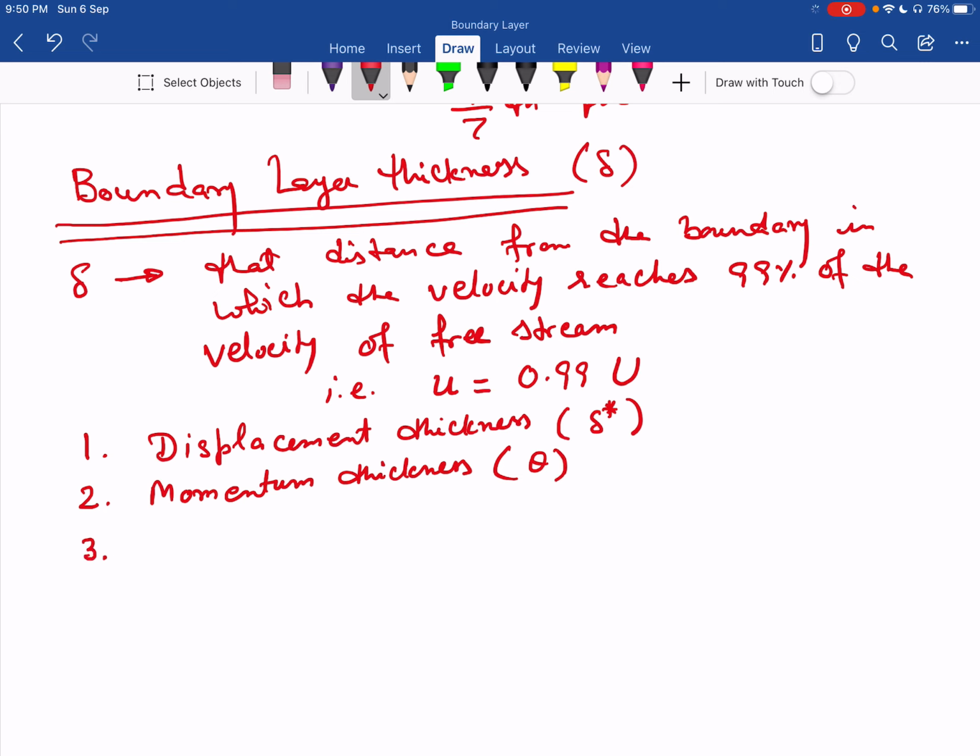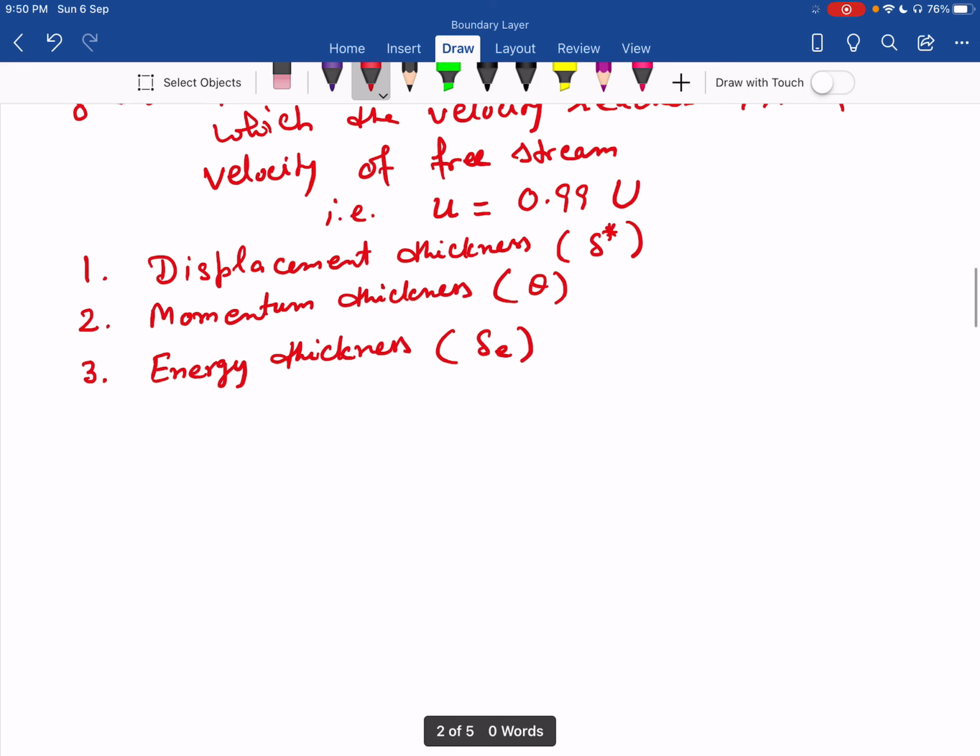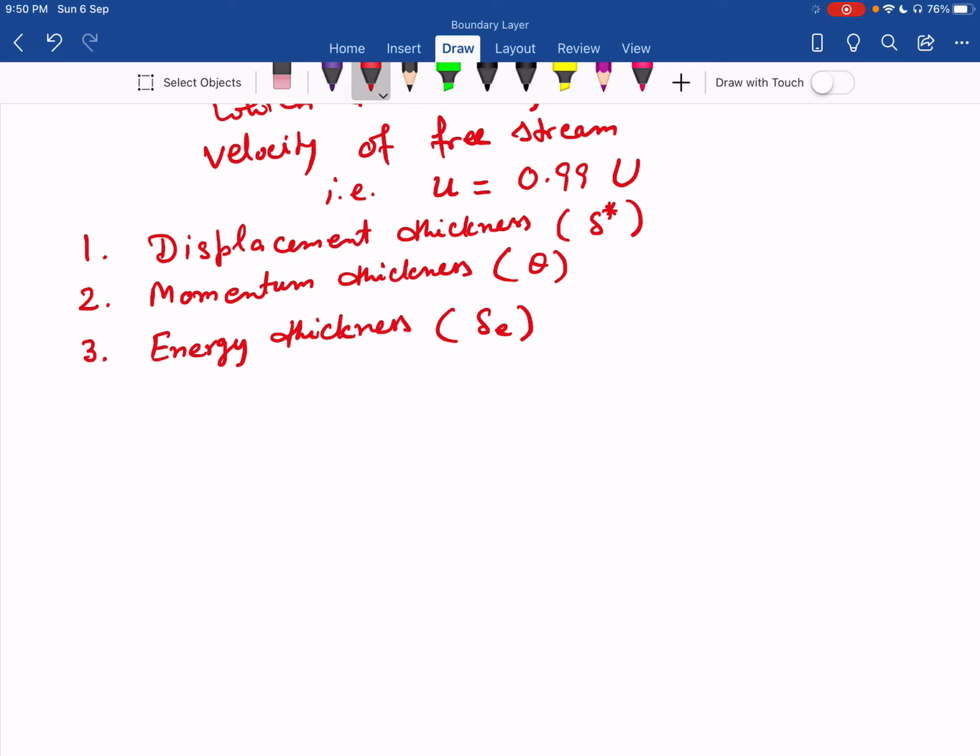And the third one is energy thickness, which we represent by delta E. Now we see the first definition, that is displacement thickness, delta star.